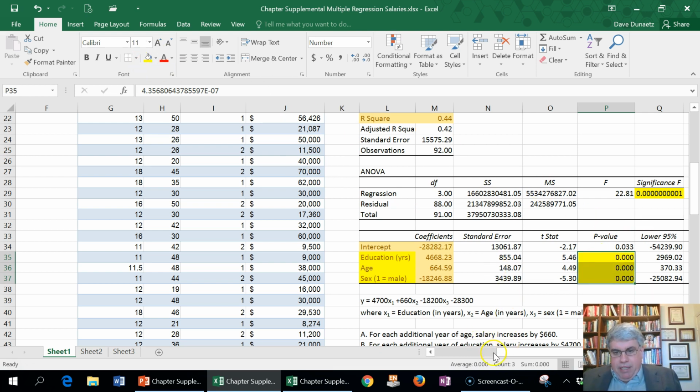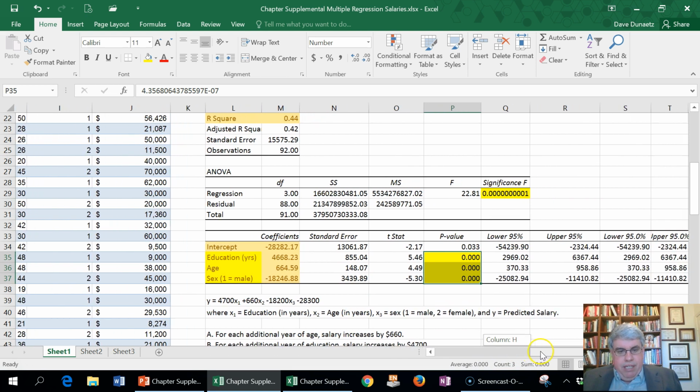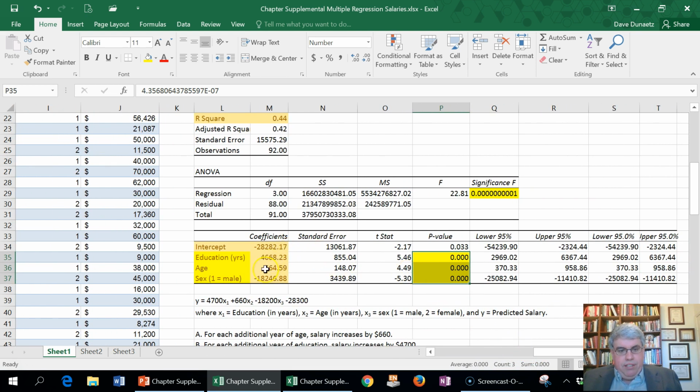And so what does that mean? The equation that we got using these coefficients was y equals 4,700 x1, where x1 was education, minus 18,200 x3, where that was sex, where 1 equals male and 2 equals female, and then plus 660 x2, which is your age in years.